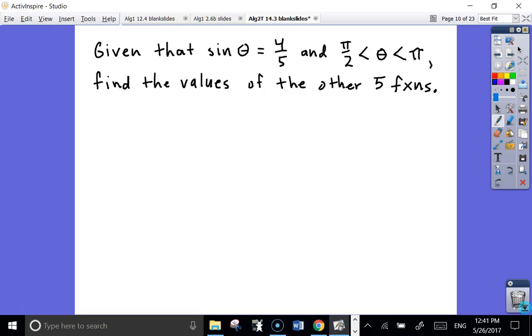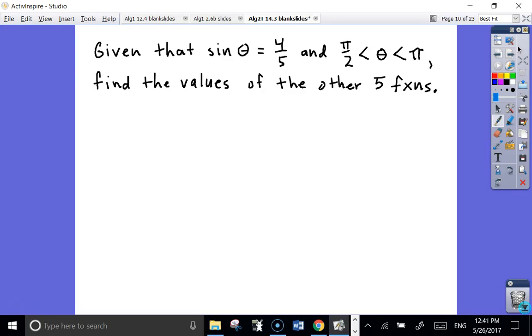If the cosine is negative, then the secant is negative. What about tangent and cotangent in the second quadrant? Remember, tangent is sine divided by cosine, so that's a positive divided by a negative, so it's negative.